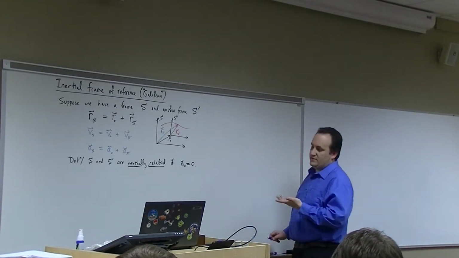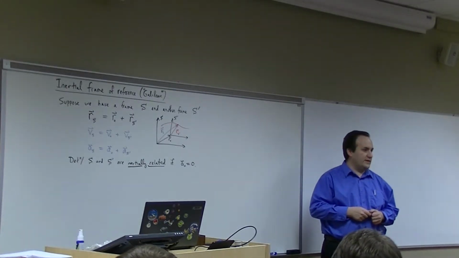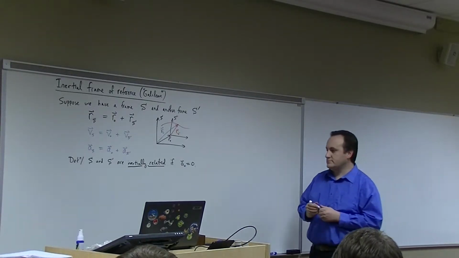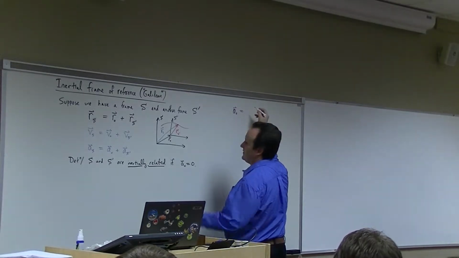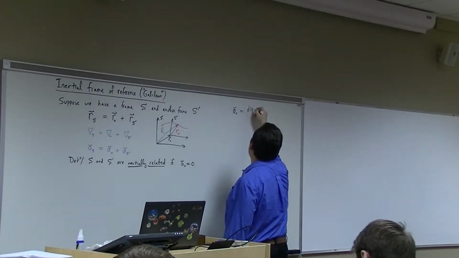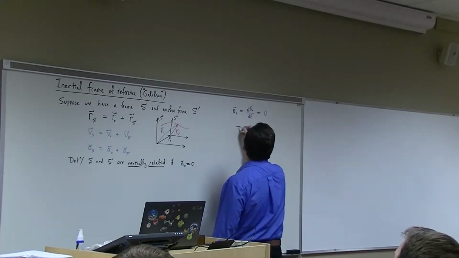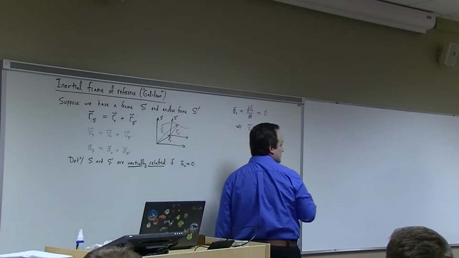Okay, so what does that mean? If A sub 0 is 0, then how are S and S prime related? That's dV naught over dt, that being 0. What's that say? V naught is equal to what?